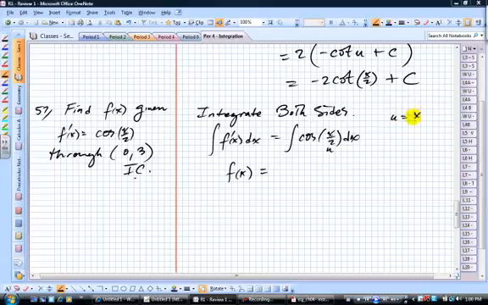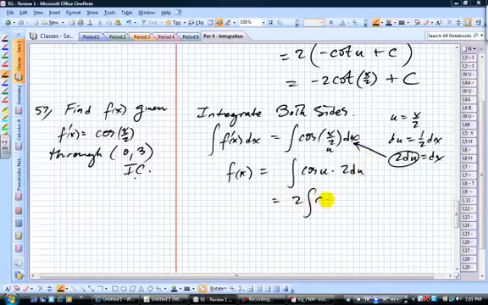So we're going to let u equal x divided by 2, so that du is equal to 1/2 dx. And that means that 2 du equals dx. So I'm going to rewrite this integral as the integral of cosine of u times 2 du. And you can bring out that 2 if you want, and write it as 2 times the integral of cosine of u du.